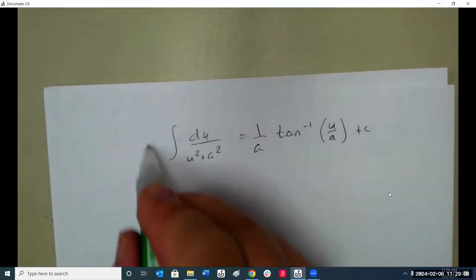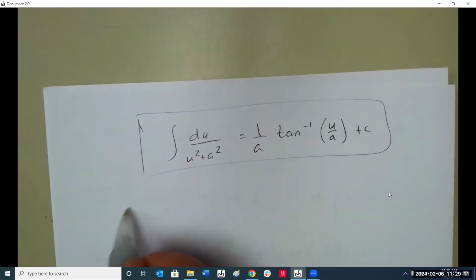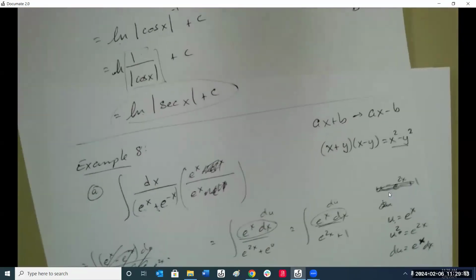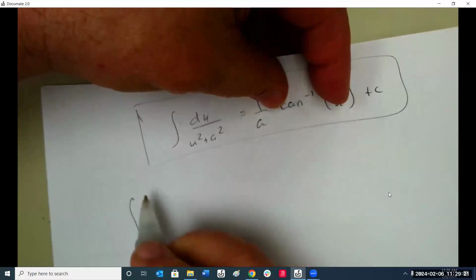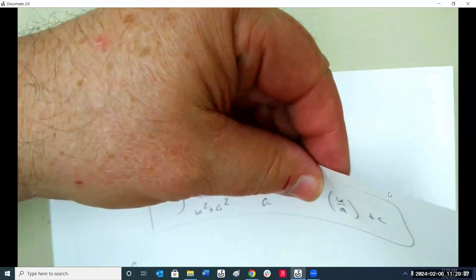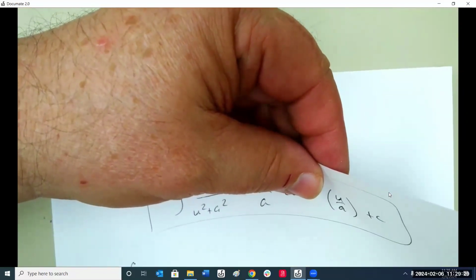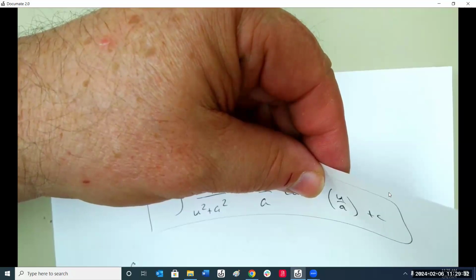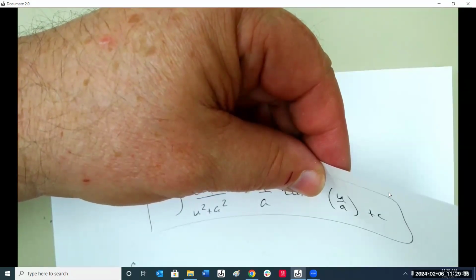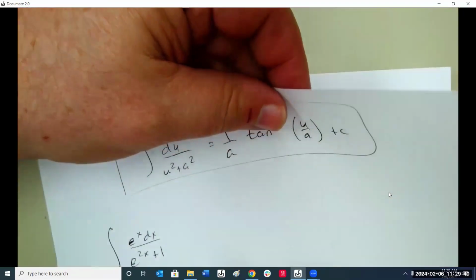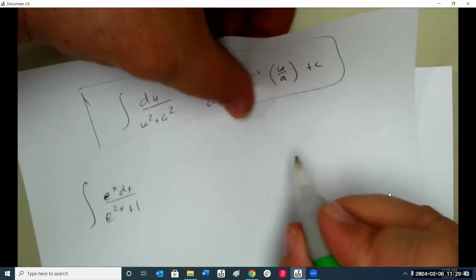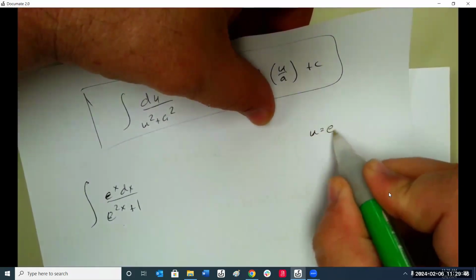So this is the formula that's in there. What we have in ours, we have du is e to the x dx over e to the 2x plus 1. And we said our u was e to the x.